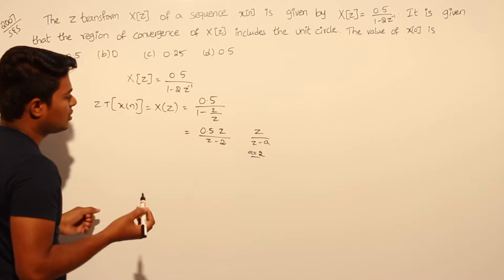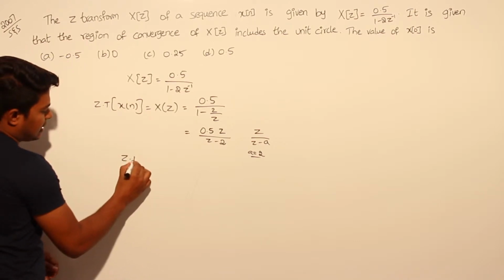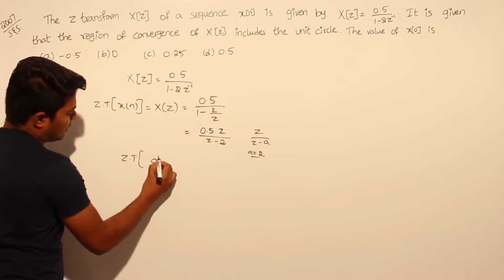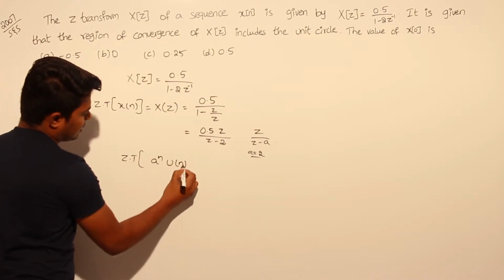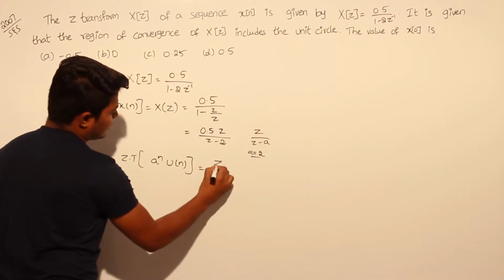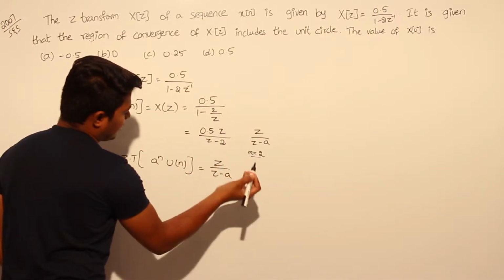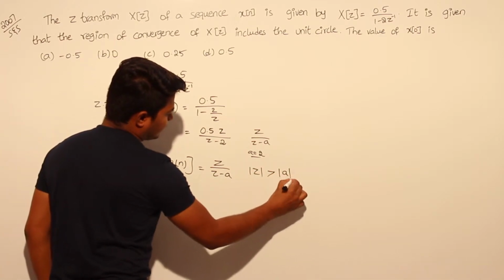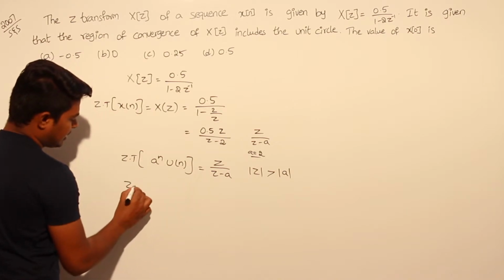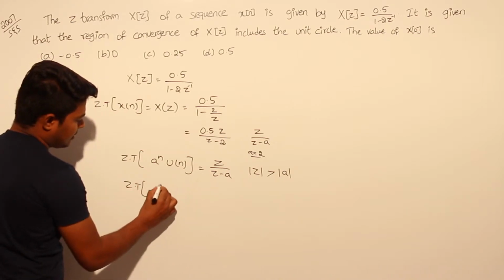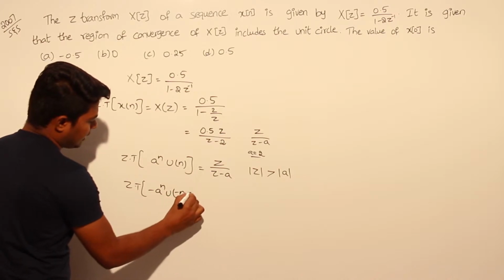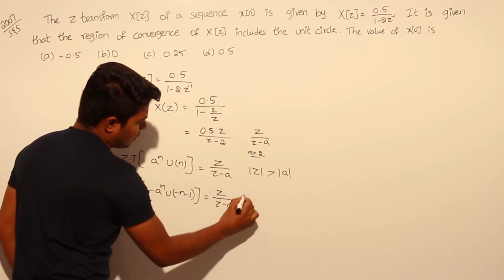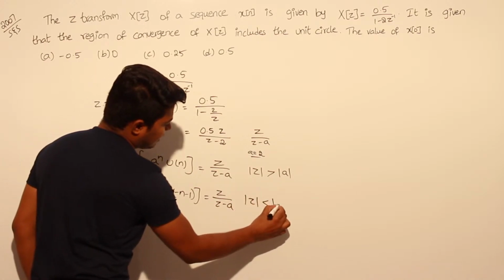Okay, so we know that the z transform of a^n u(n) is equal to z / (z - a) for ROC |z| > |a|. And in another case, the z transform of -a^n u(-n-1) is also equal to z / (z - a), where ROC is |z| < |a|.